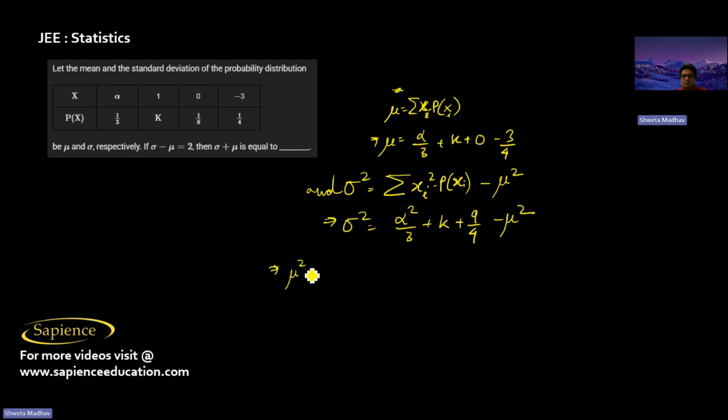So mu square plus sigma square is equal to alpha square by 3 plus k plus 9 by 4. And mu is equal to alpha by 3 plus k minus 3 by 4.